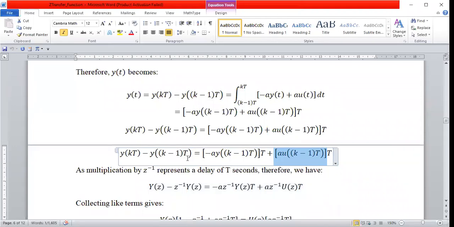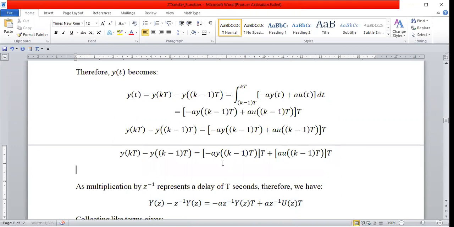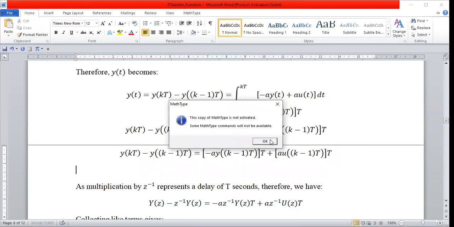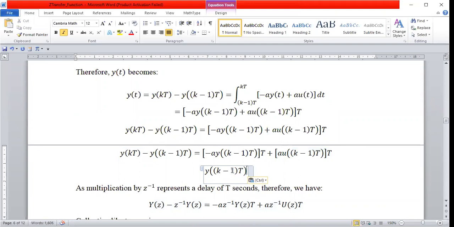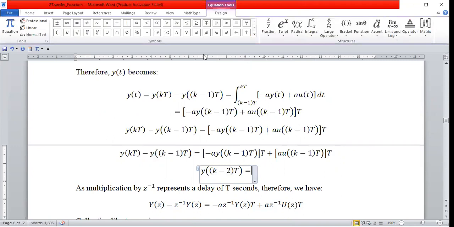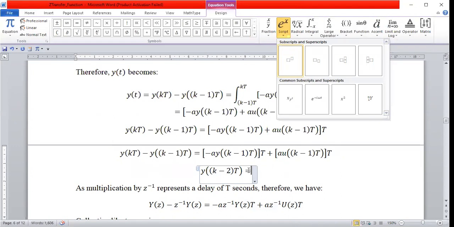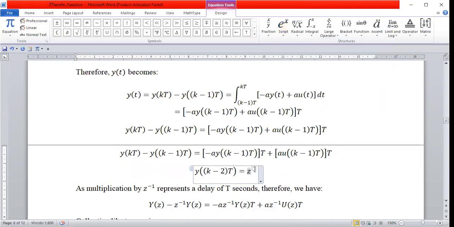If you want to find the z transform of k minus 2, the z transform of this is going to be equal to z raised to the power of minus 2 times y of z.